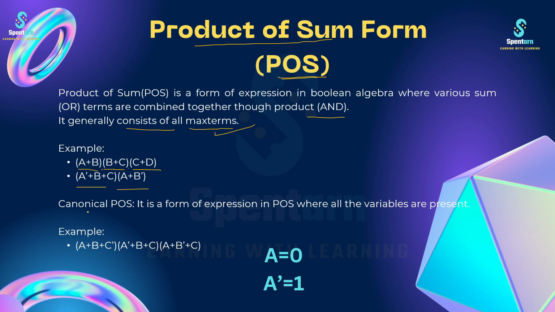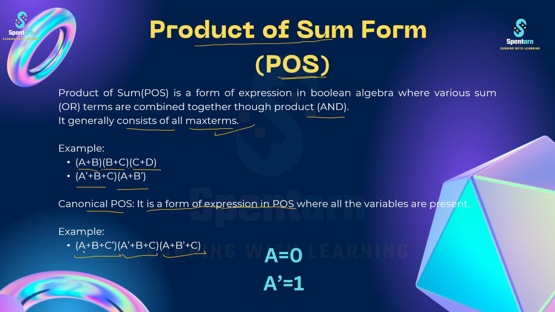Now, again, here is the same question: what is canonical POS? As the name itself says, all the variables should be present in the POS format, then only it will be known as canonical POS. In simple words, whenever I have all the variables present in the expression, it is complete, or a canonical POS, right?